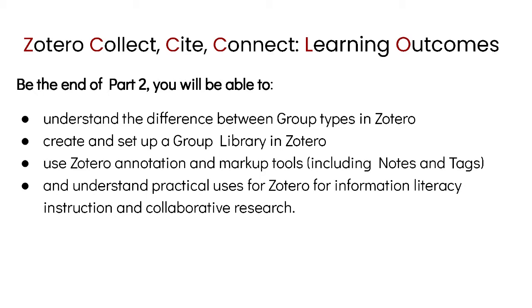At the end, you'll be able to create and set up your group. You'll use Zotero annotation and markup tools, which include things like using notes and tags to organize your research. And you'll be able to understand practical uses for using Zotero in information literacy instruction and collaborative research.